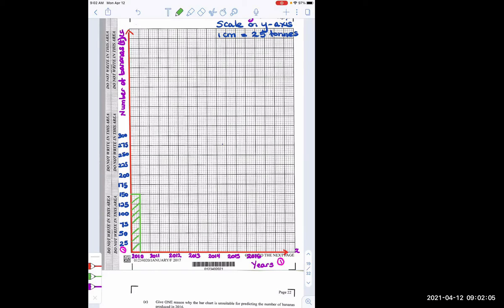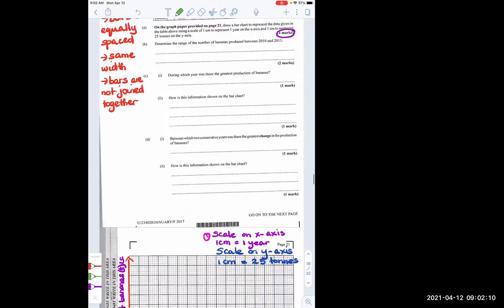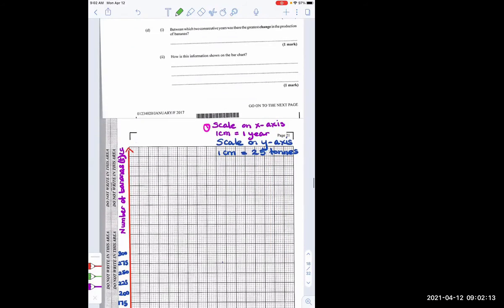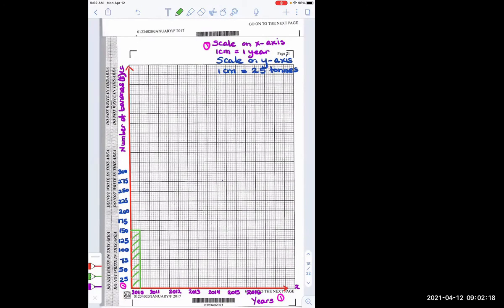All the bars you can label except for 2010 and 2013. Those bars you actually have to count. So 2010 is 275. So the height of this bar is 275, and draw it accurately, please. The width of the bar is supposed to be 1 centimeter wide. If you don't have a graph book, that's fine. You can use your ruler and your pencil.